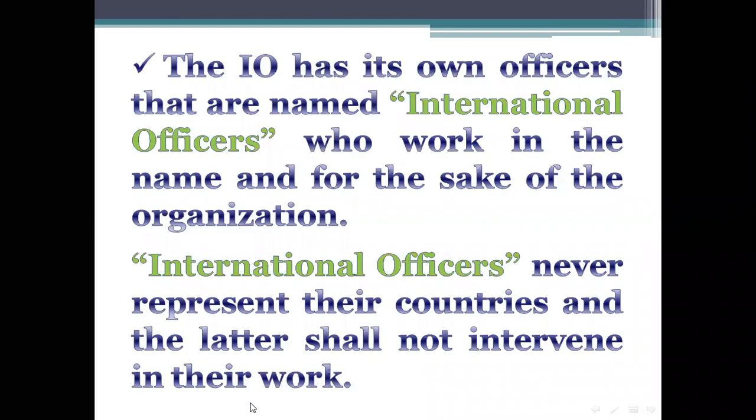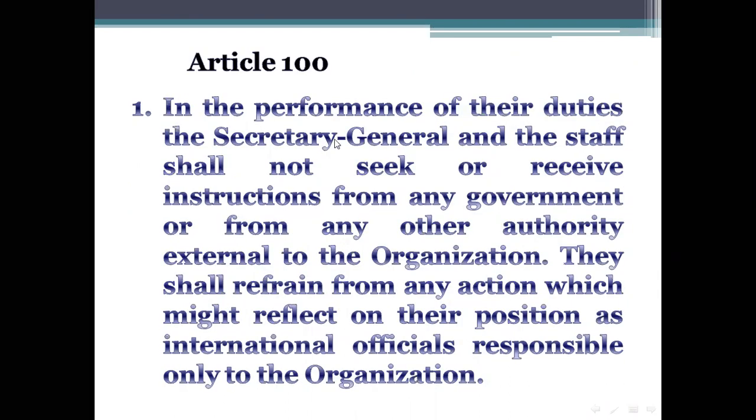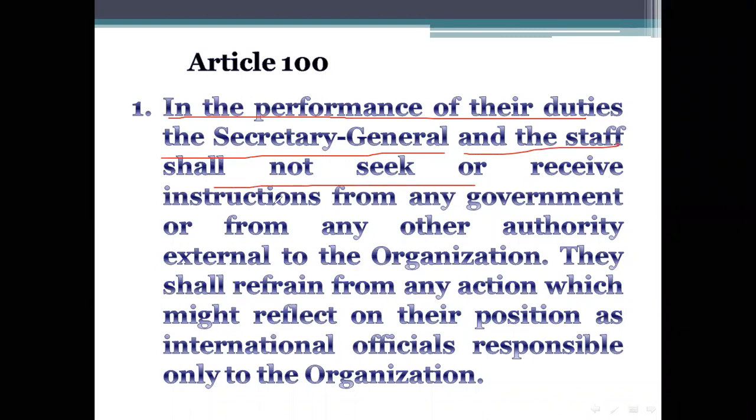Related to the previous idea, that international officers are forbidden from representing their states, and their states are forbidden from interfering with them. We have Article 100 of the United Nations Charter, and let's annotate here with a pen. In the performance of their duties, the Secretary General and the staff shall not seek or receive instructions or orders from any government or from any other authority external to the organization.